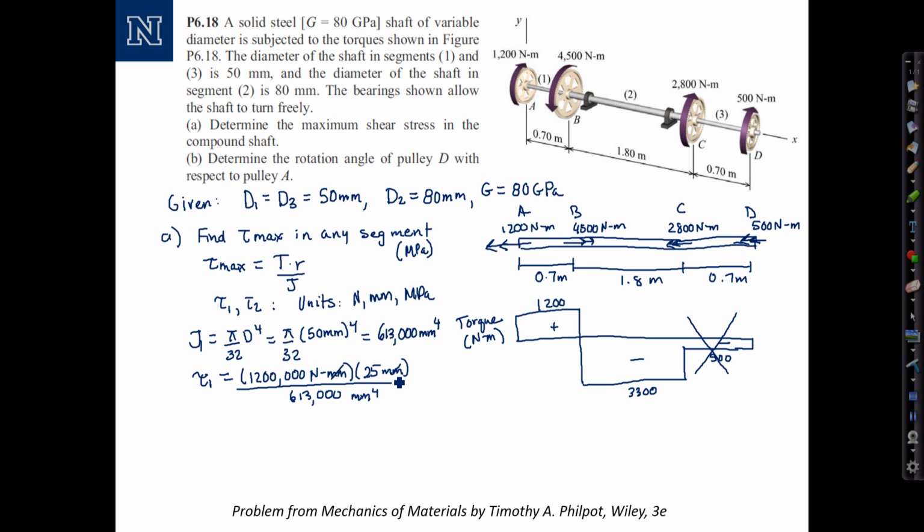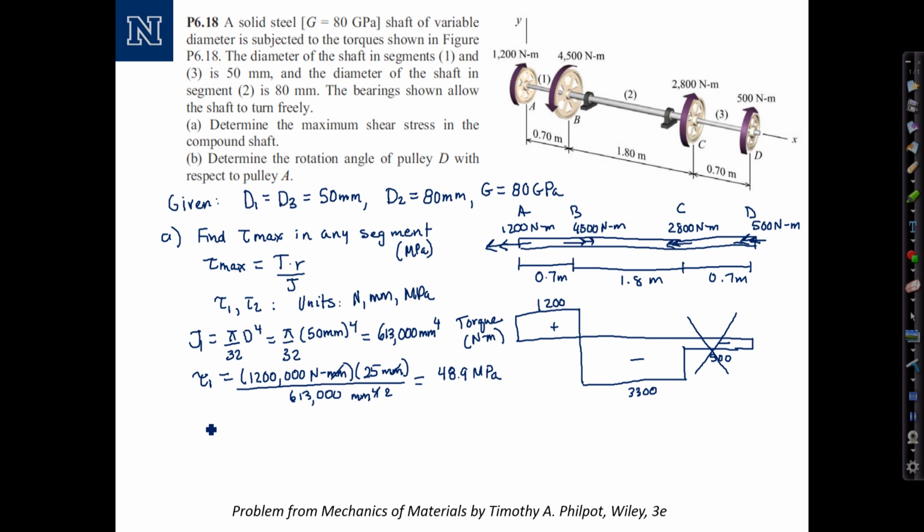Notice that millimeters on the top reduces the bottom to millimeters squared, and then I have a Newton per millimeter squared, or a megapascal, which was the unit I was looking for, and those numbers compute to 48.9 megapascals.